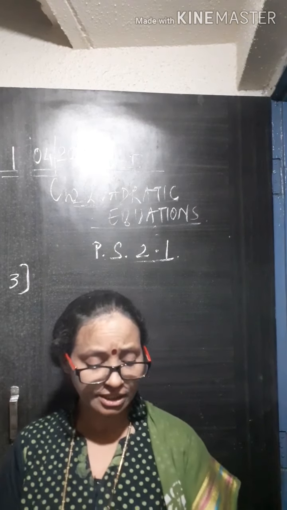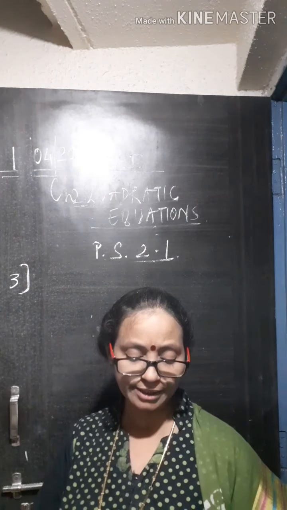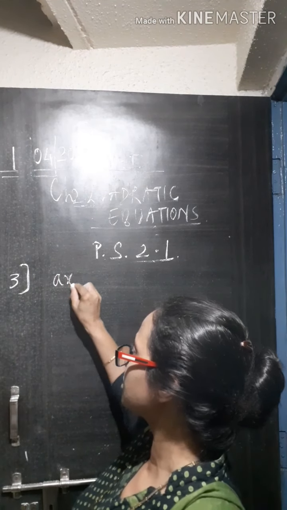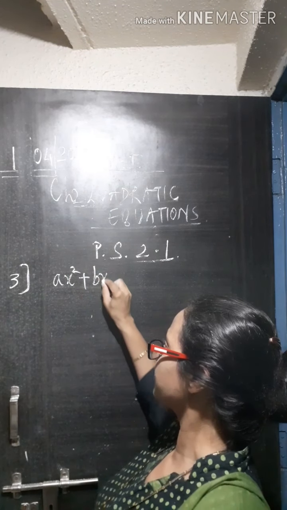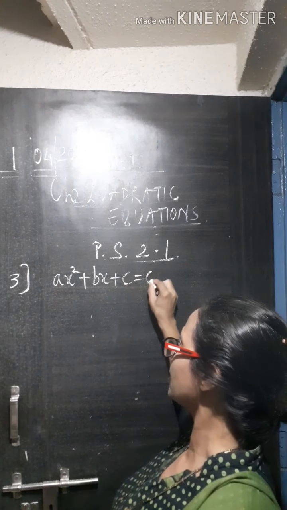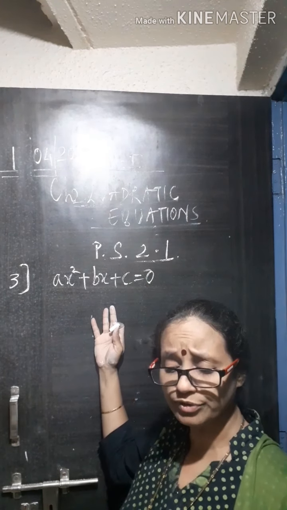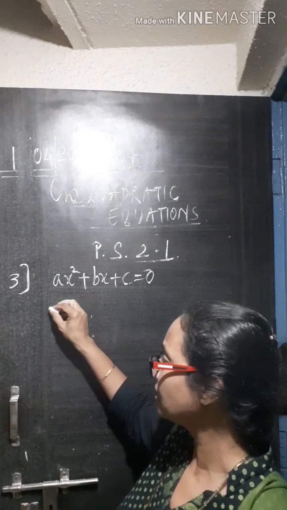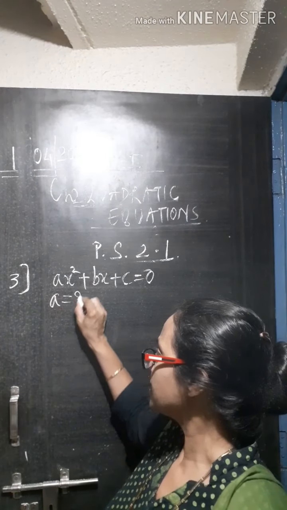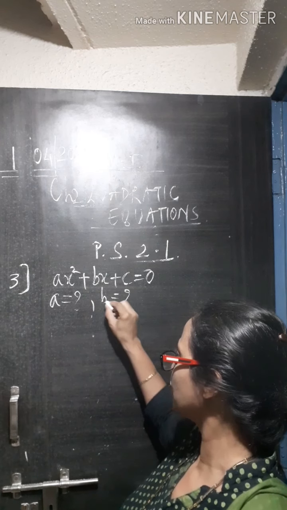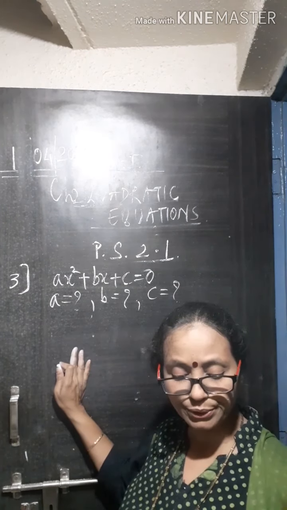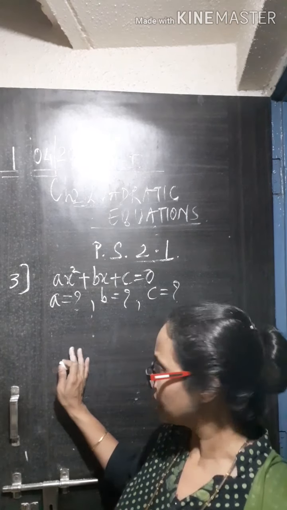If you read carefully, it says: write the following equations in the form ax square plus bx plus c equal to 0, that is called the general form, or standard form, of the quadratic equation, right? And what you are going to do is write the values of a, b, c. What is a equal to, what is b equal to, and what is c equal to. So these are the two things you are going to do in the third question. It's very, very simple.